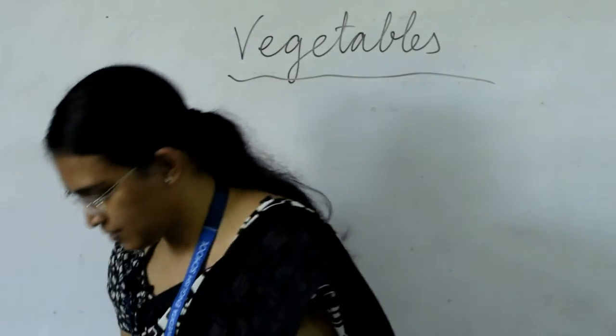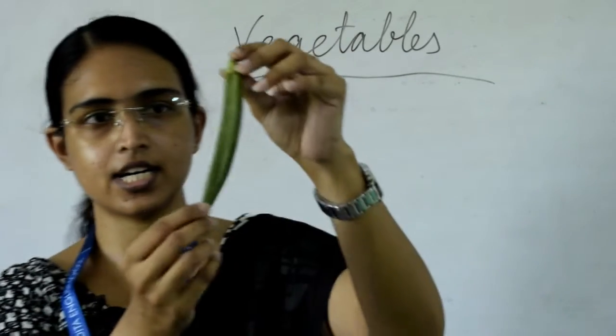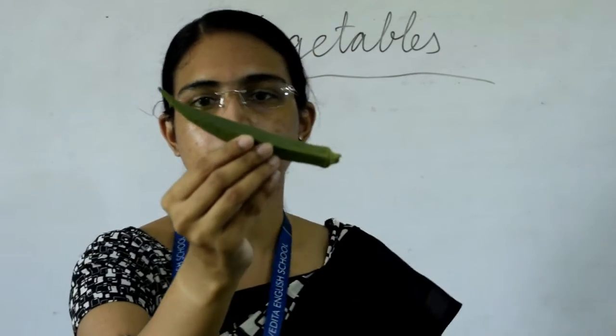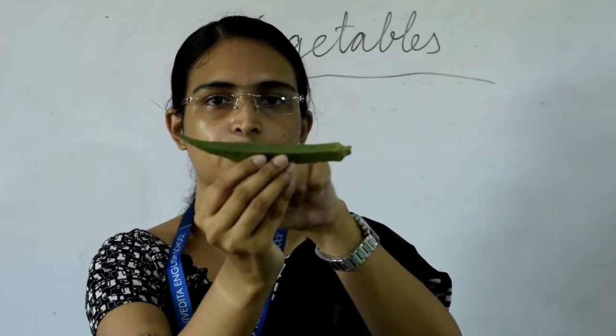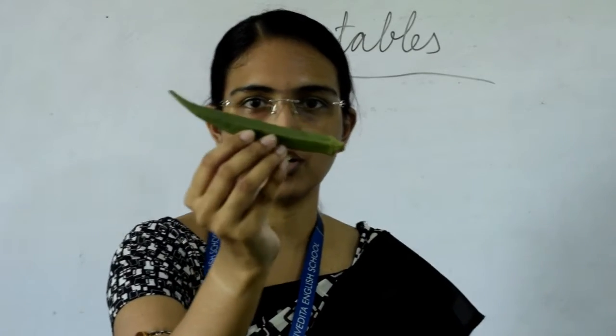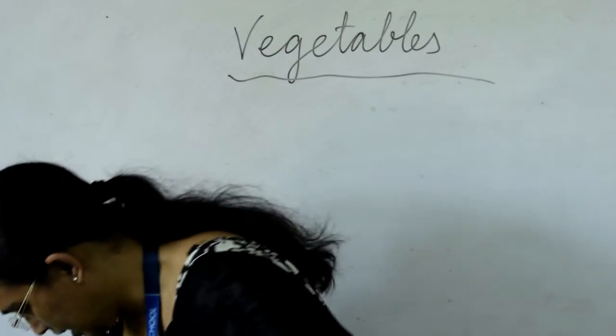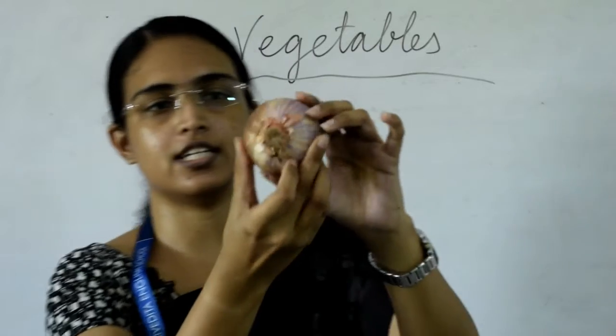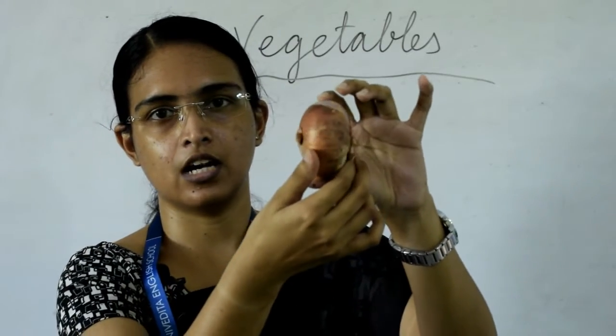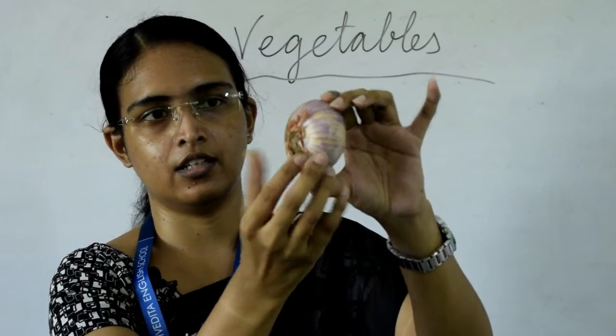Now next is, what is this? This is a lady's finger. And what is the color of a lady's finger? Green. So this is also a vegetable. Next is, who can say this one? What is this? This is onion.